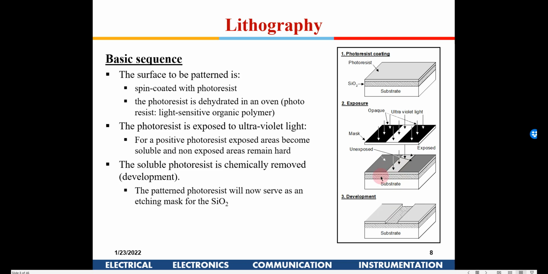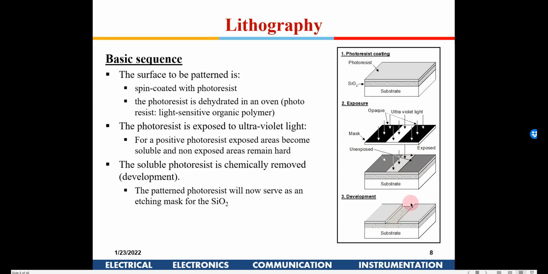Below that, the silicon dioxide will be saved. Then you etch away the silicon dioxide. Because the photoresist is available there, the silicon dioxide remains safe, and wherever the silicon dioxide is directly exposed, that gets etched away.